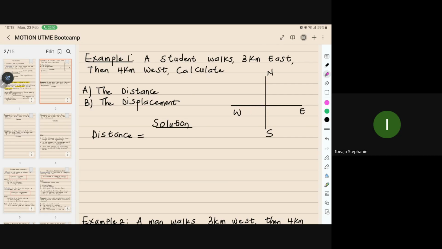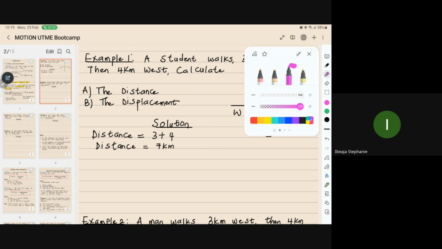Along the same line, he walks 3 kilometers to the east and 4 kilometers to the west. So distance is asking you, what's the total length that this guy covered? The total places that this guy went to, which is going to be equal to what? I'm going to add them together. So it's going to be 3 plus 4. So the distance covered, the total length, is going to be 7 kilometers, right?